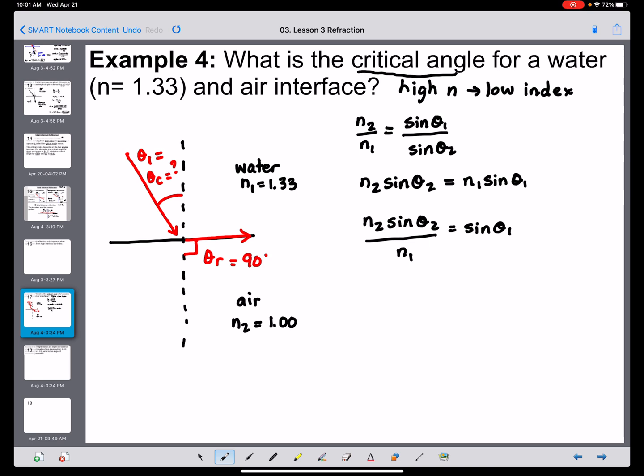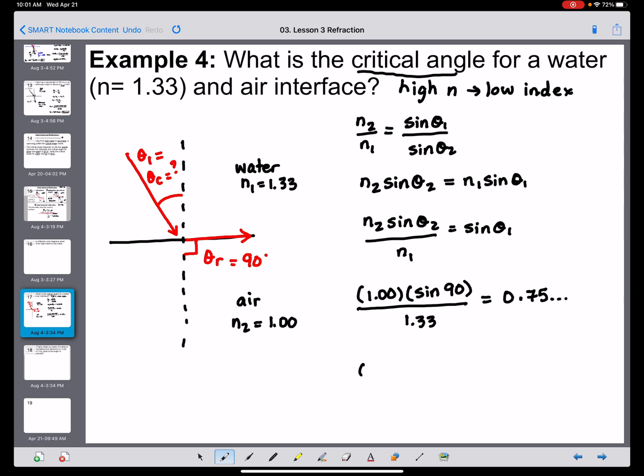So n2 sine theta 2 over n1 is sine theta 1. n2 is 1, because the index of refraction for air is always 1, times sine of 90, over n1, which is 1.33. And that gives me 0.75 something.